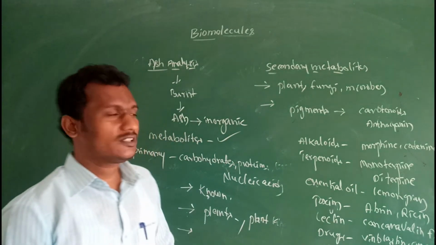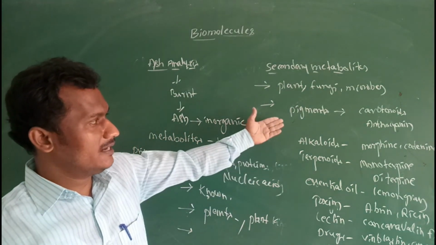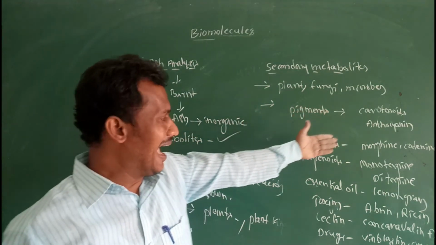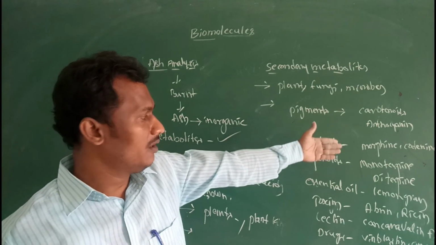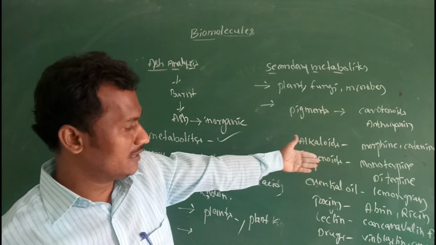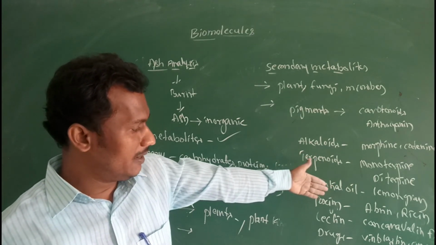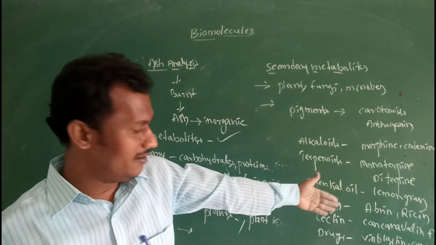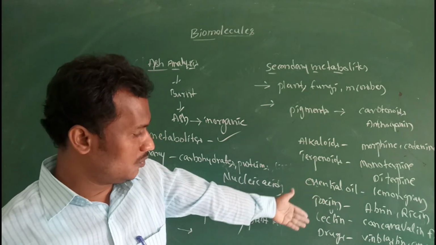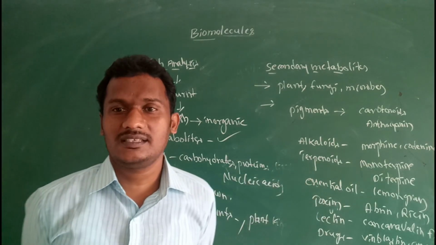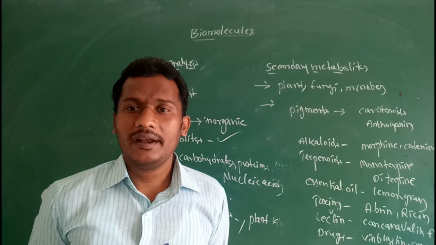So some examples of secondary metabolites are pigments, carotenoids and anthocyanin, alkaloids, morphine, codeine, terpenoids, monoterpenes, diterpenes, essential oil, lemongrass oil, toxins, heparin, resin, lectins, concanavalin A, drugs, vinblastine, curcumin, then polymeric substances, rubber, gum and cellulose.